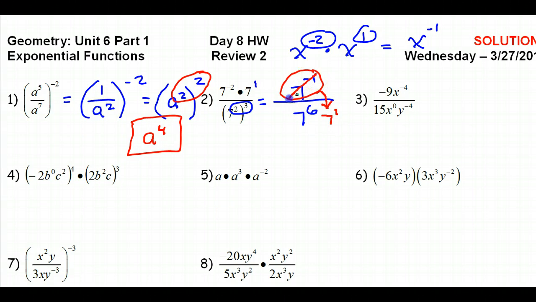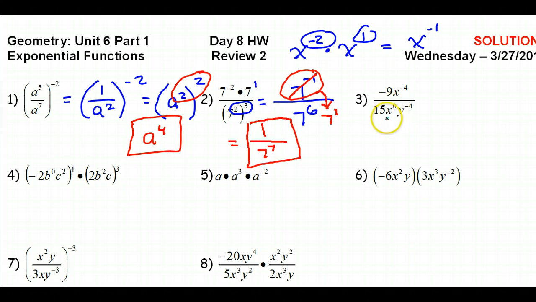So now there's nothing left in the top of the fraction, so I'm going to need a 1 up there. Putting these together, that's going to be 7 to the 7th power. So that would be your final answer for number 2. We're adding these. Again, do not make any kind of a 49. That's the most common mistake I've seen.